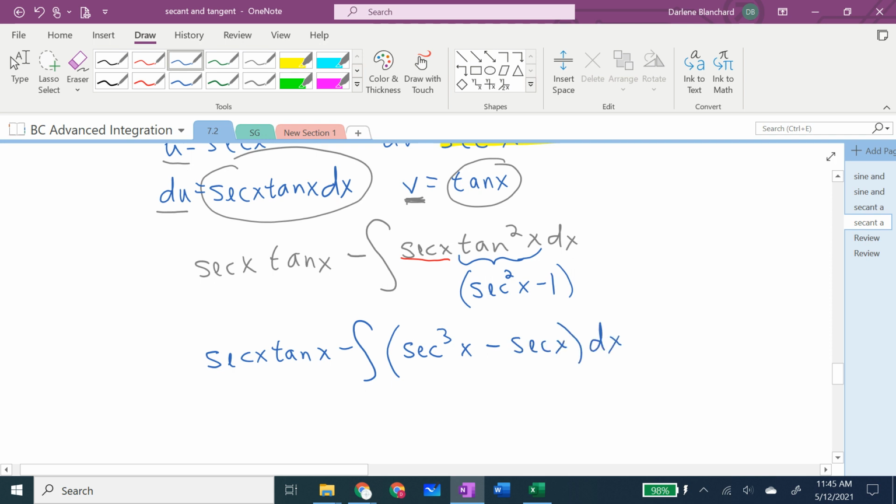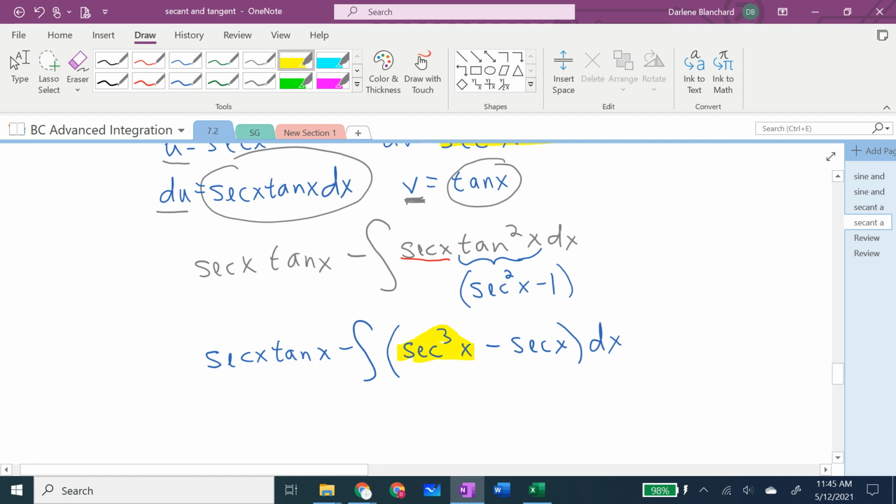Now, does anything in there look familiar, like very, incredibly recent familiar? Yep, I got one person in person and one person online who saw it. Secant cubed is very, very familiar.